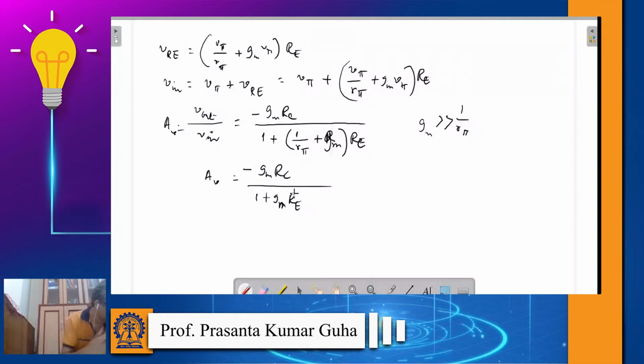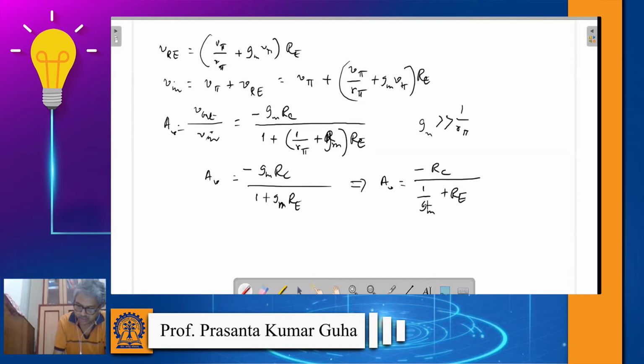Now if you divide both numerator and denominator by gm, you can simplify it further. Then you will have RC over 1 by gm plus RE.